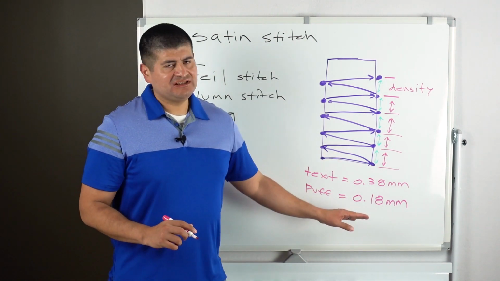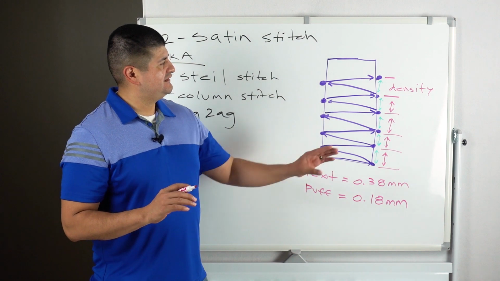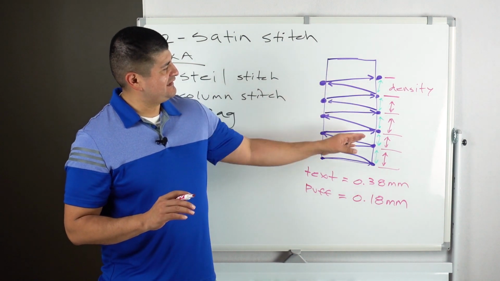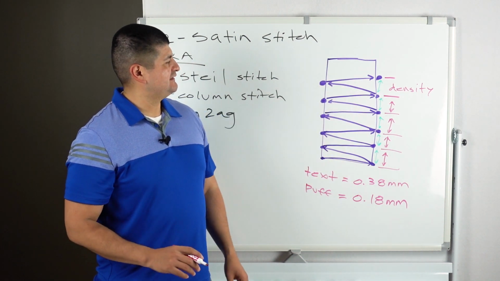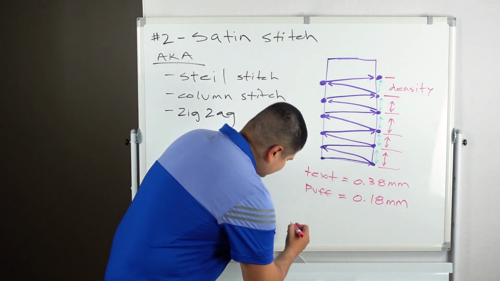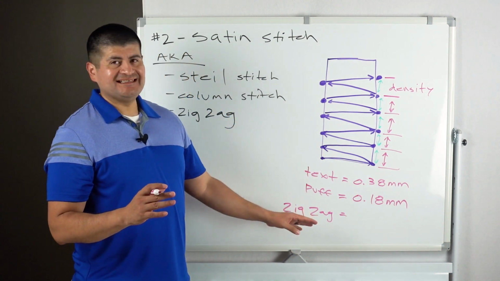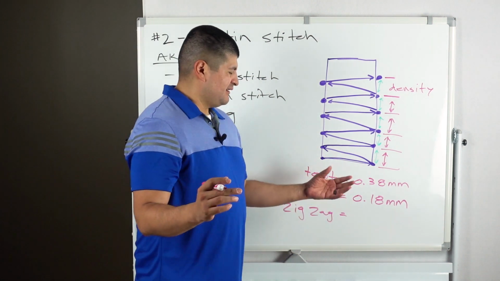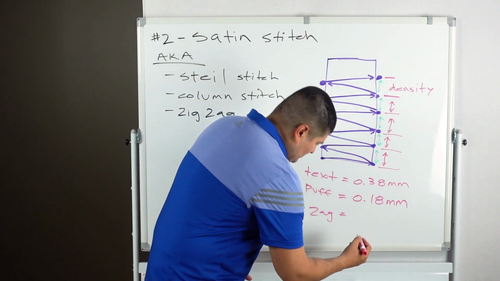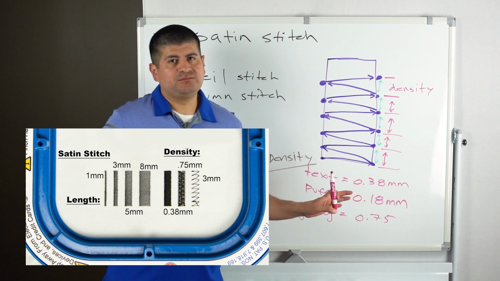That's just to give you ballpark numbers, to let you know the difference of density that's going on in the sand stitch. Same thing with zigzag stitch. With a zigzag stitch, you're going to open up the density, so let's say you open it up at 0.75. These are just ballpark numbers.